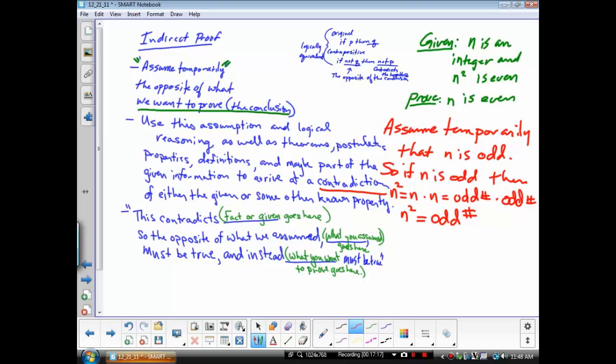So we go to the conclusion statement. We're always going to use this last statement as a conclusion. Our conclusion statement says this contradicts, and in this case, we're contradicting the given information that n squared is even.